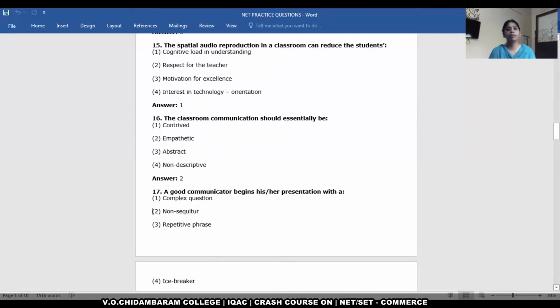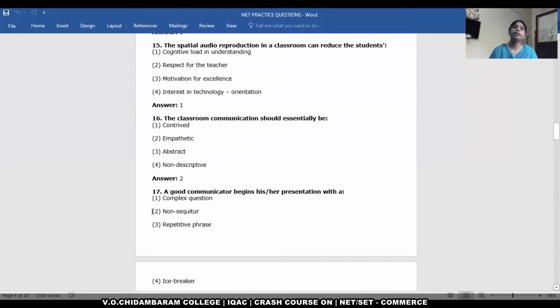Then the classroom communication should essentially be contrived, empathetic, abstract, or non-descriptive. What is meant by contrived? Contrived means it's not natural, it's an artificial thing. It's a formality-based communication. Should classroom communication be formality-based or an artificial one?